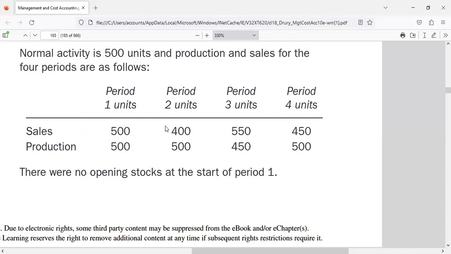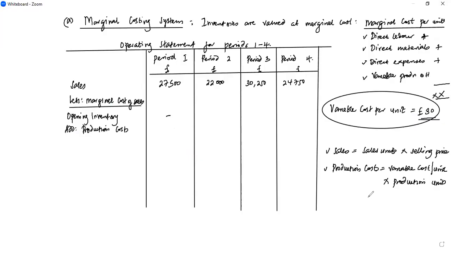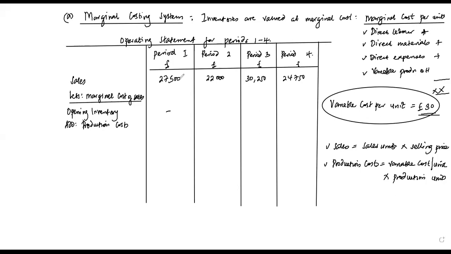When you do those computations, you do the multiplication, you come up with your production cost in period 1, that is 15,000. Period 2, 15,000. Then period 3, we have 13,500.